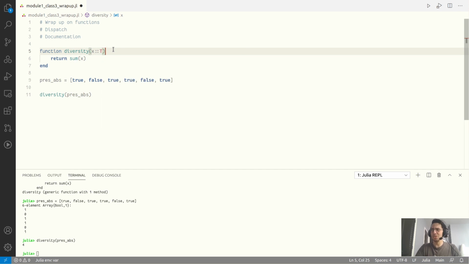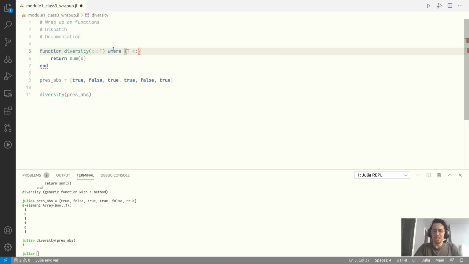The convention is to use t for type, meaning that x must be of the type t. And then we use this little bit of notation with where and curly brackets. There's not necessarily a particular reason for it. That's just the way it is.